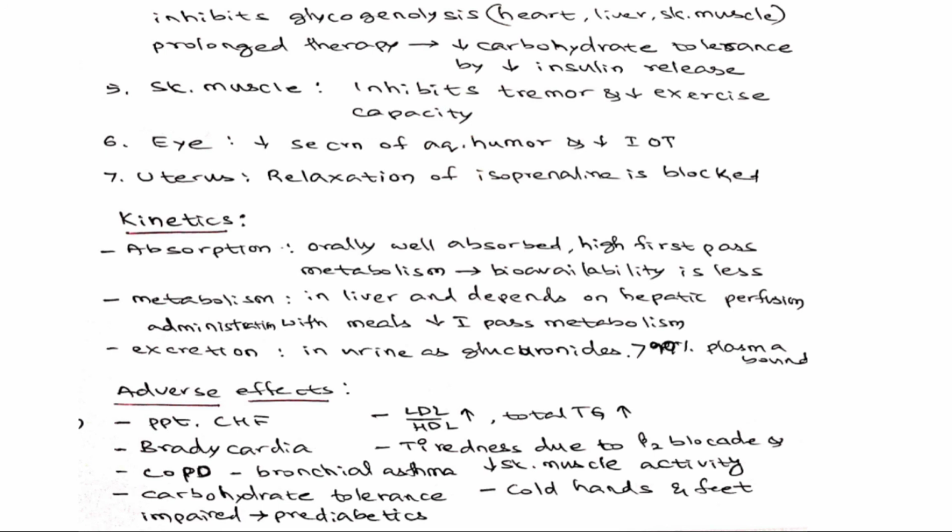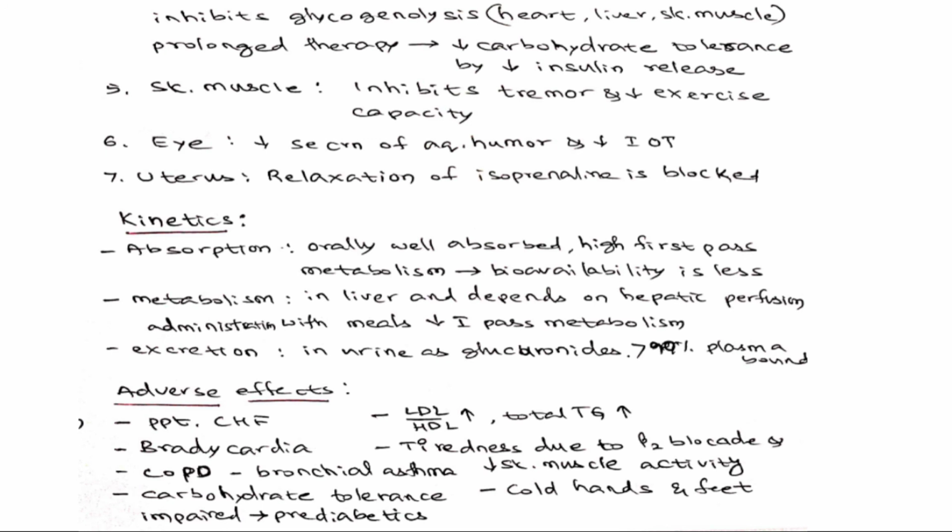It can induce bradycardia, reflex bradycardia. It can aggravate COPD, that is chronic obstructive pulmonary disorders like bronchial asthma, as it is contracting the bronchial smooth muscles. So it is not advised in asthmatic patients, or is advised with care.